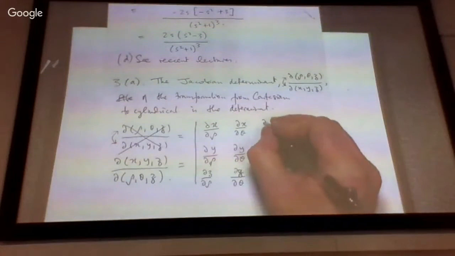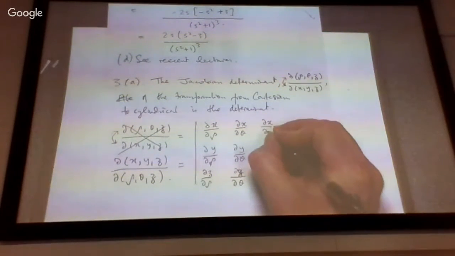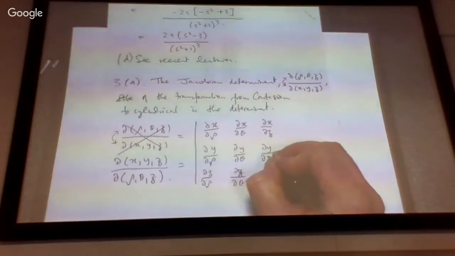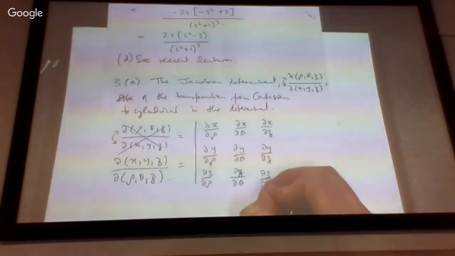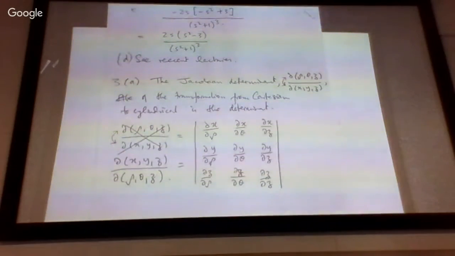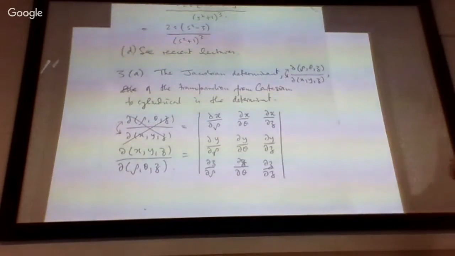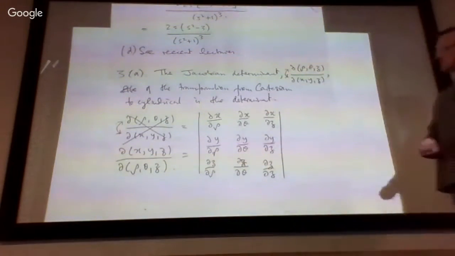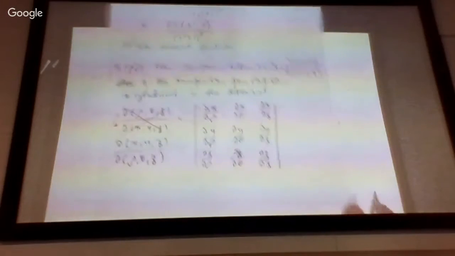Then a z column: dx dz, dy dz, dz dz. So we've got rows in the matrix and the Greek letter rho, so you got to be aware of that.